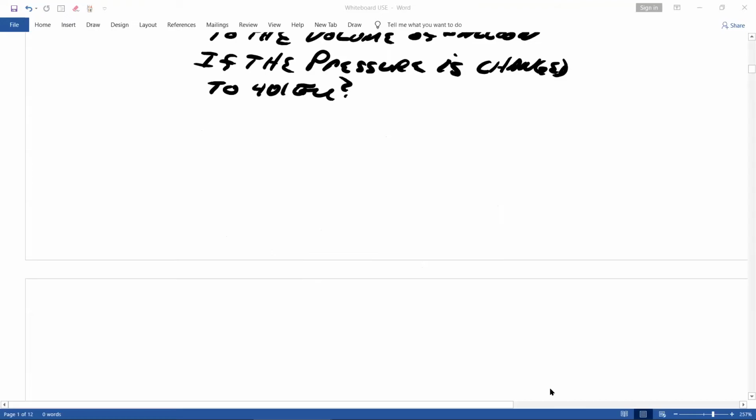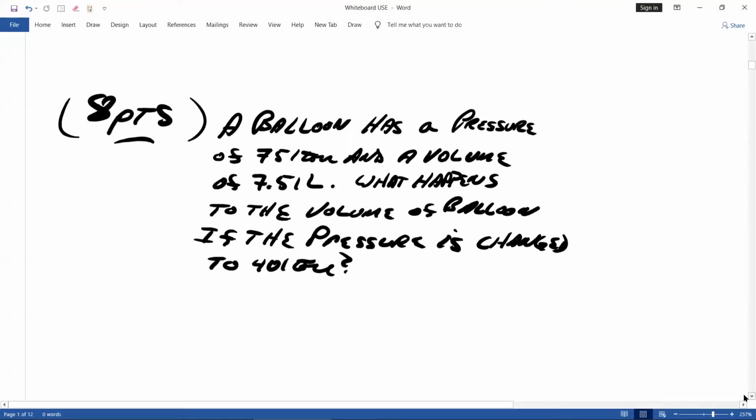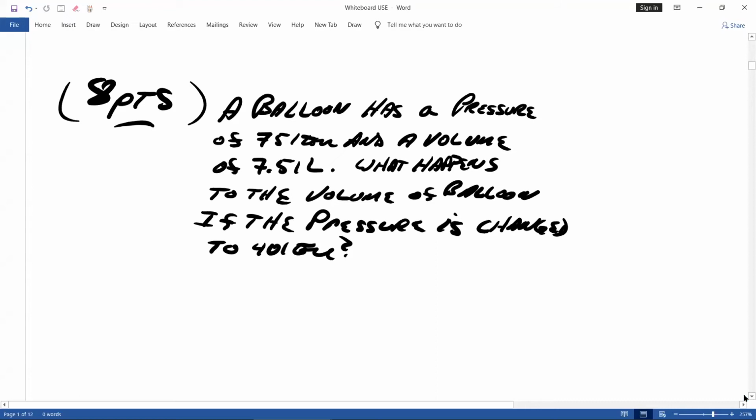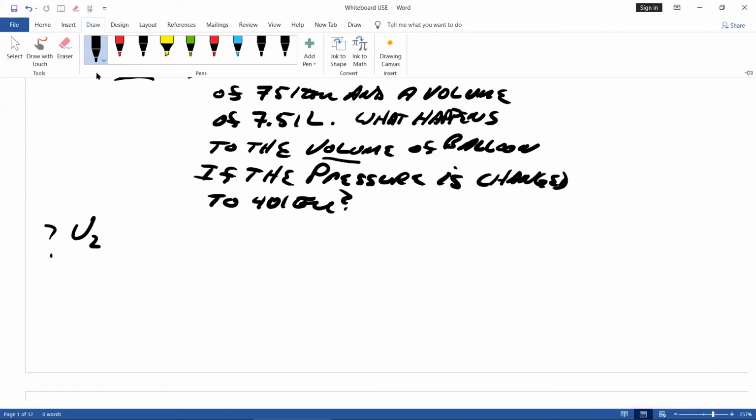So what are we being asked to do? We're asked to find what is the volume. Well, that's really the final volume that we're trying to find, the final volume. What are we given?